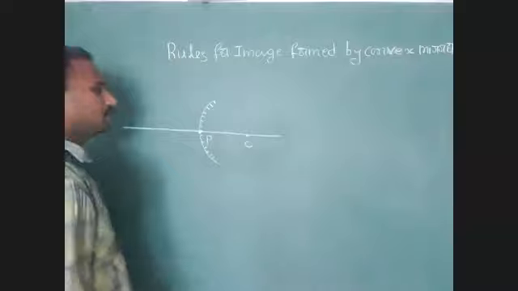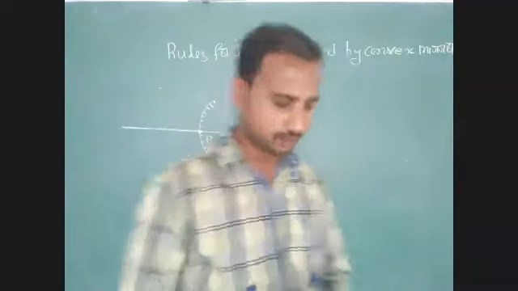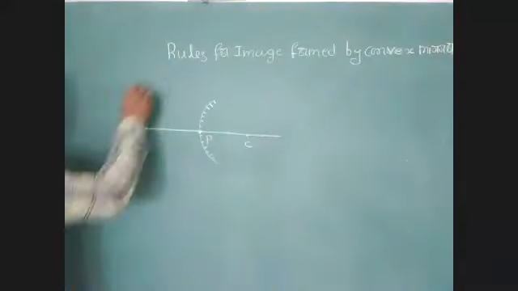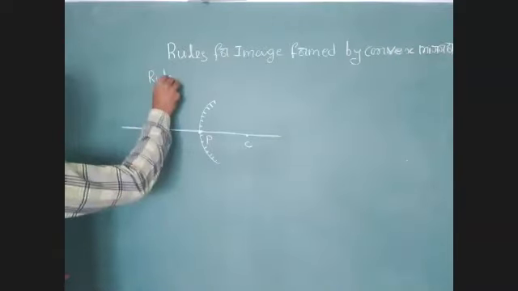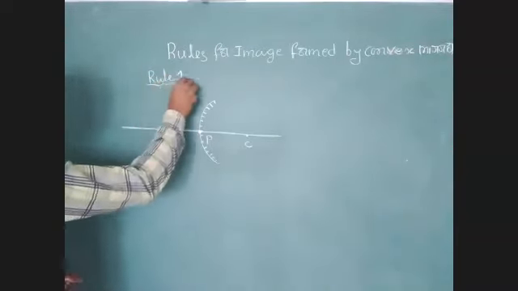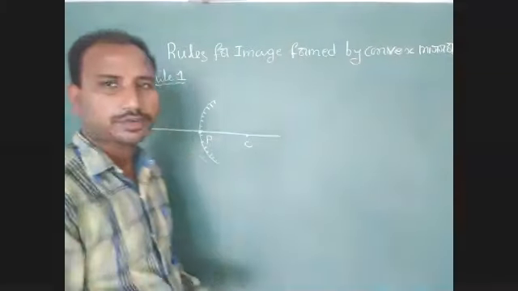Now we consider the rules. Rule 1: if a ray of light is parallel to the principal axis, then what is the direction of the reflected ray? Ray of light parallel to principal axis.